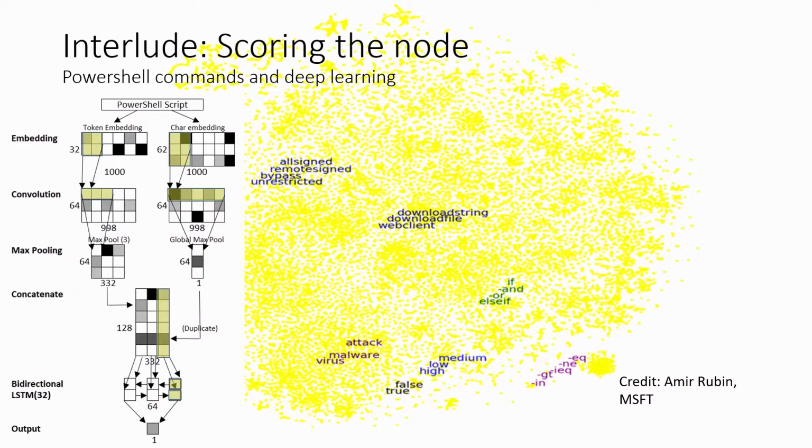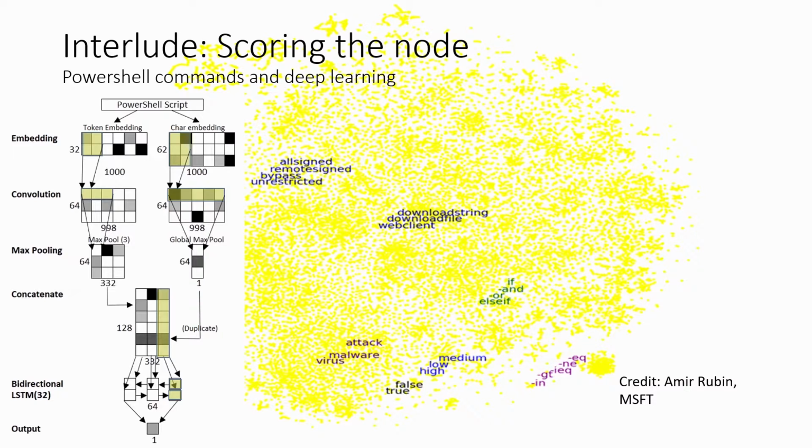They extract the text of the PowerShell script and convert it into some numbers. I'm skipping over some details because there's a deep learning model here, but it gives you some numerical understanding of the semantic relationship between the words.